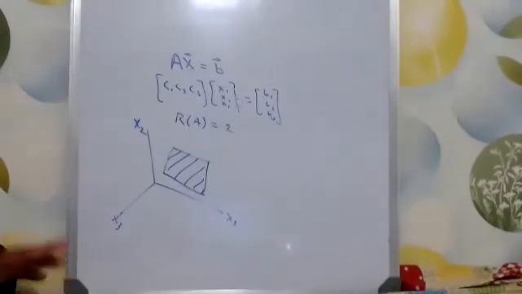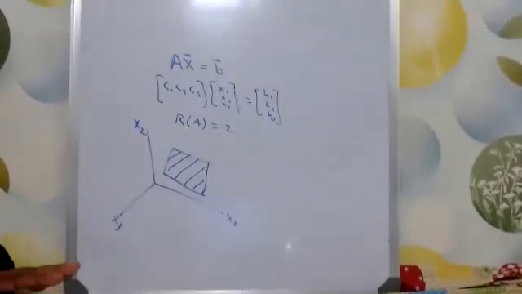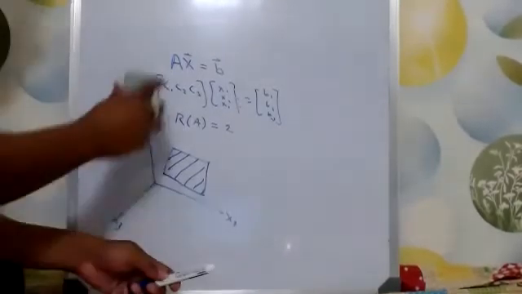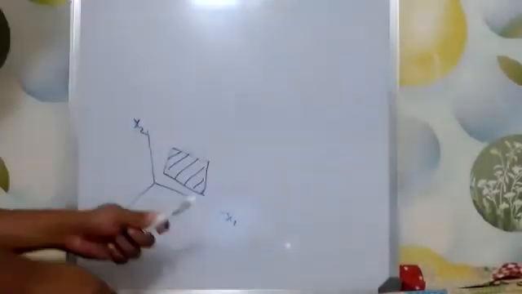Now, why am I telling you this problem here? It is about the dimension of the matrix, right? So here is an example to make it a little bit clearer.